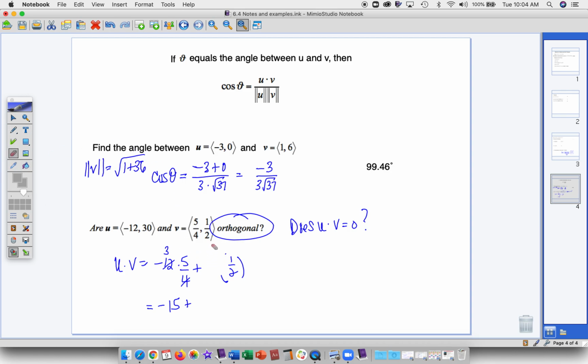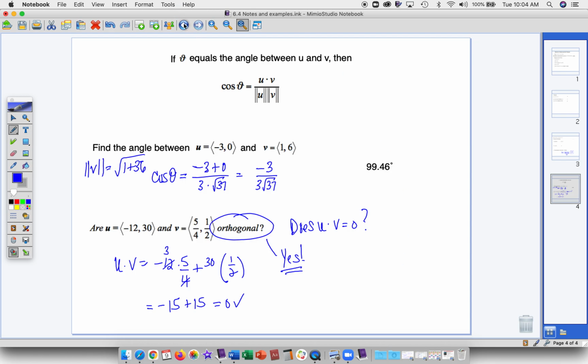That's not a 30. Excuse me. Half of 30 is 15, and we do end up with 0. So are they orthogonal? Yes, they are.